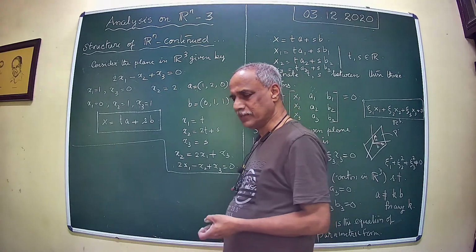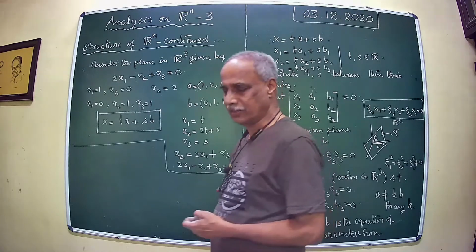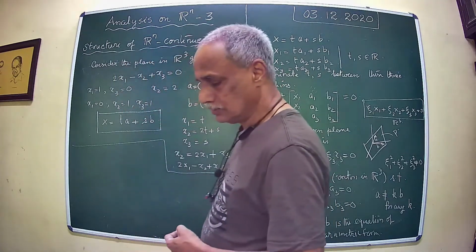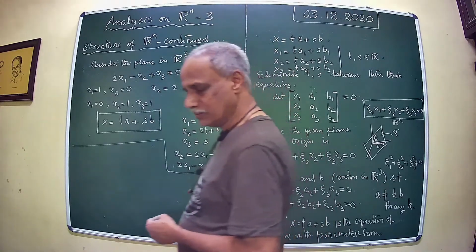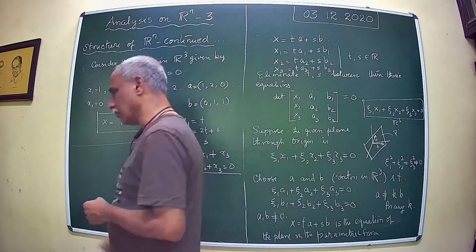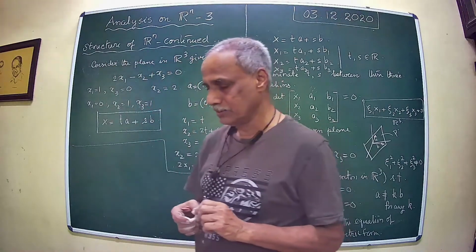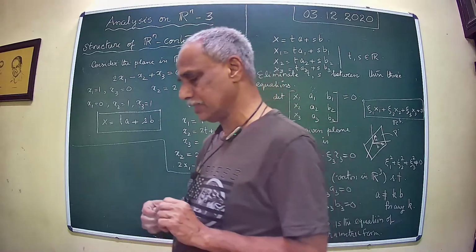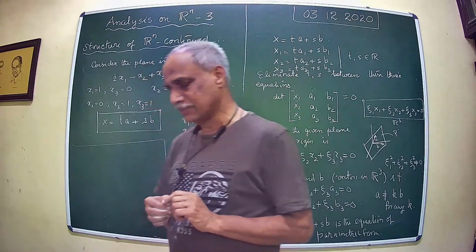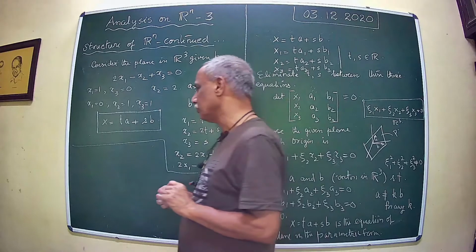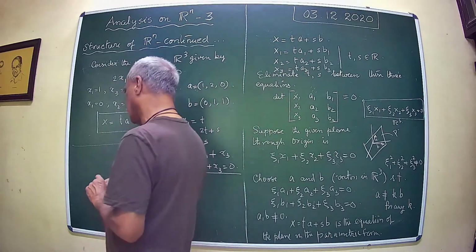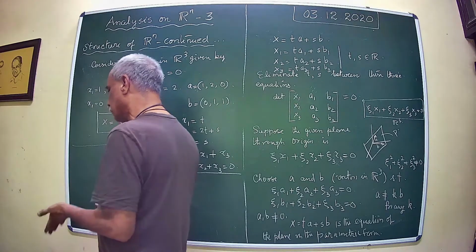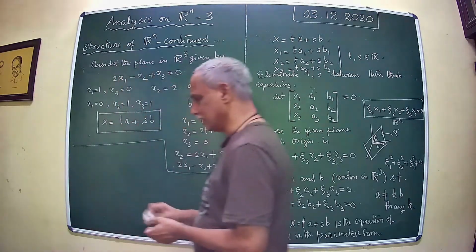The second statement is every basis in Rn consists of n vectors. The third statement is, for 1 less than or equal to r less than or equal to n, if y1, y2, etc. yr is a linearly independent set in Rn, then Rn has a basis consisting of y1, y2, etc. yr as a part of it. This is what we said last time.